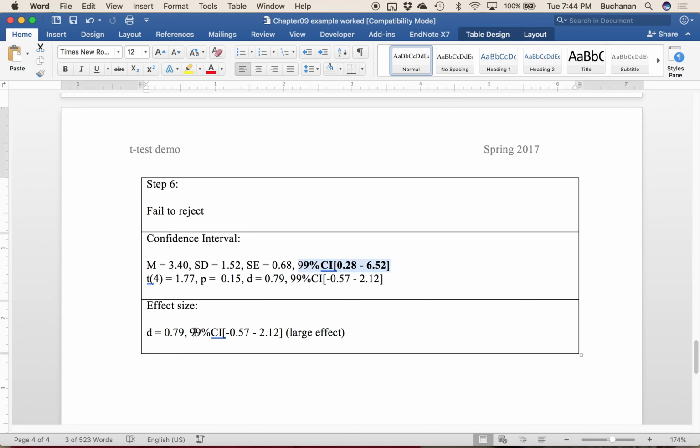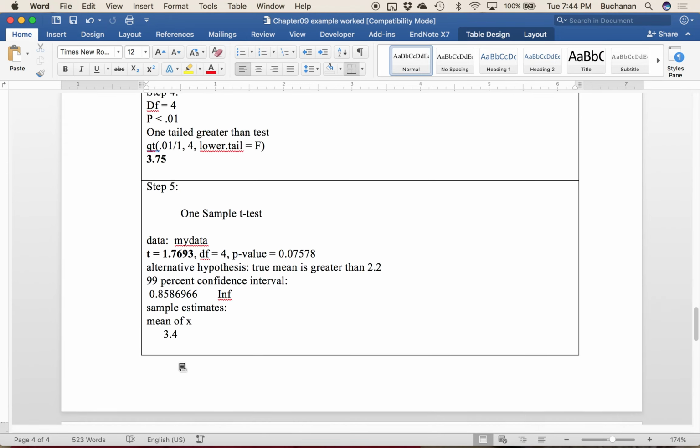Right? Now my effect size is large, but I only have 5 people. So that's one of the interplays of power, remember, is that sample size is the thing that you have the most control over, and we really need a decent sample for assumptions and to be able to tell if it is statistically significant, which just gives us more confidence in our answer when we have more samples.